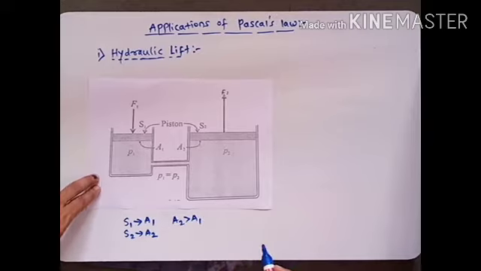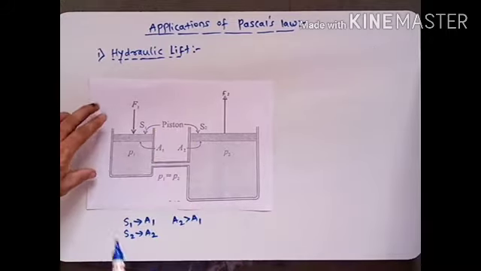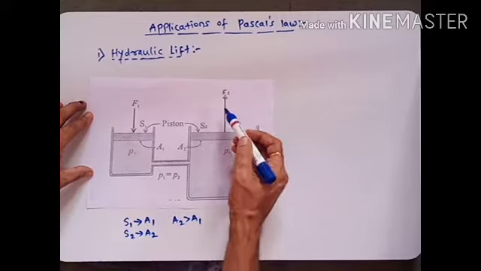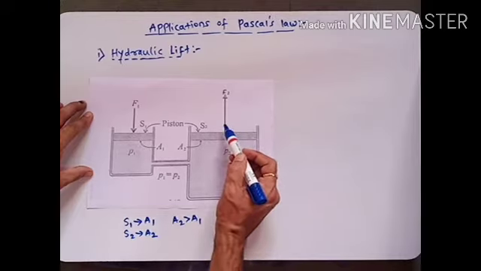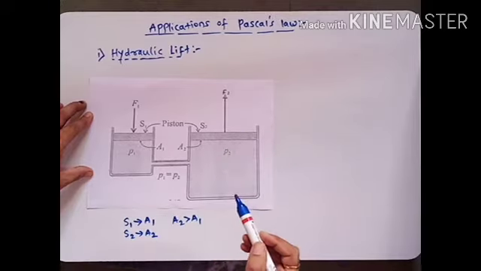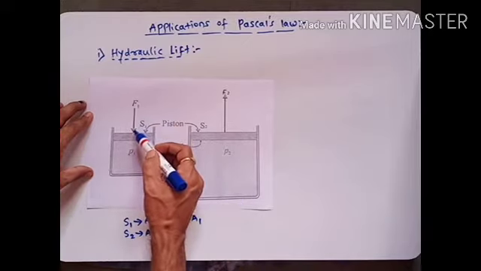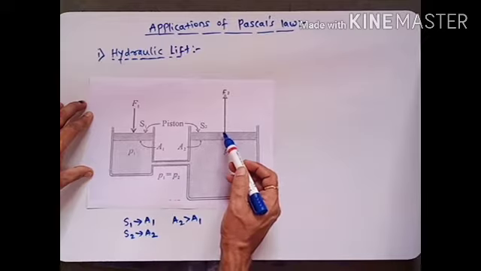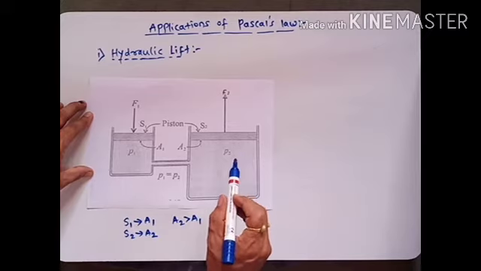Now F1 is the force applied on S1 in the downward direction, and F2 is the upward force we get due to the piston S2.